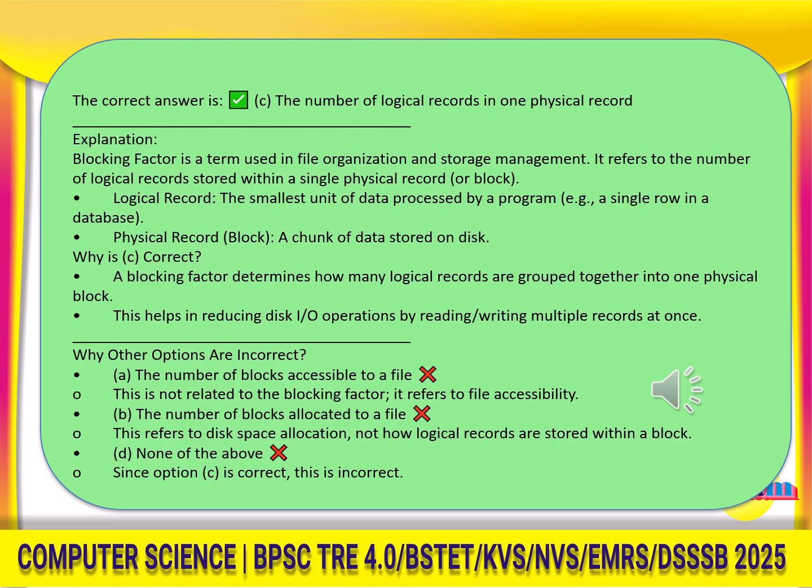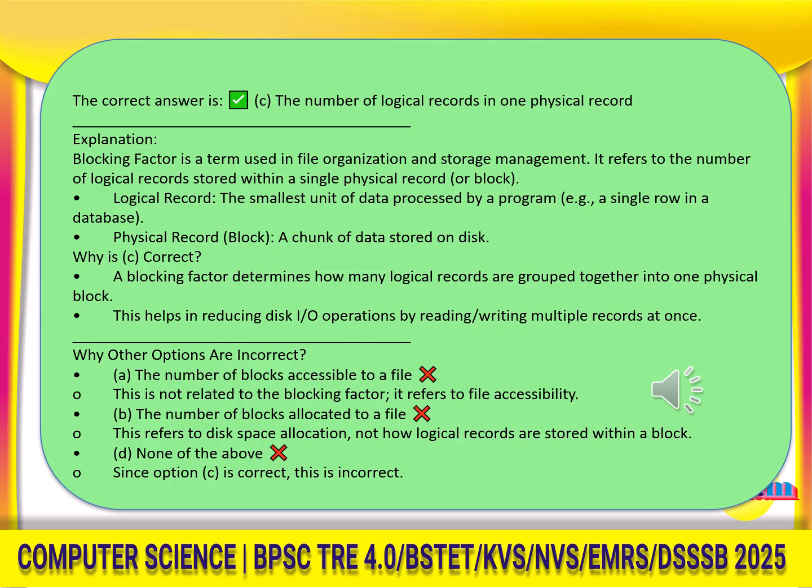Explanation. Blocking factor is a term used in file organization and storage management. It refers to the number of logical records stored within a single physical record or block. Logical record: the smallest unit of data processed by a program, e.g., a single row in a database.